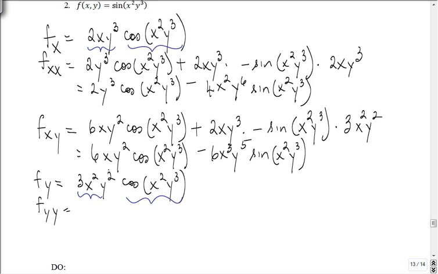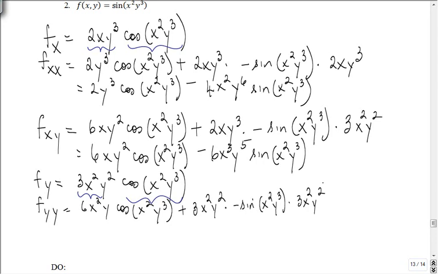So, partially differentiate the first with respect to y: 6x squared y cosine x squared y cubed, plus 3x squared y squared times minus sine x squared y cubed times 3x squared y squared, which works out to be 6x squared y cosine x squared y cubed minus 9x to the 4th y to the 4th sine x squared y cubed.